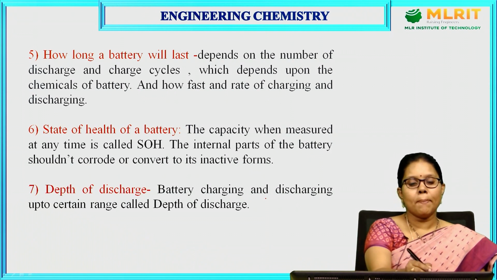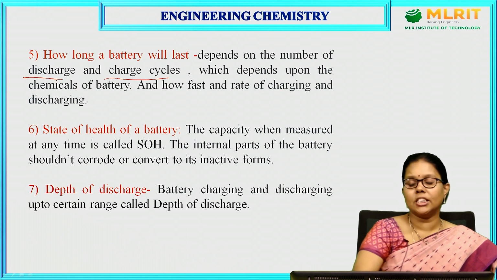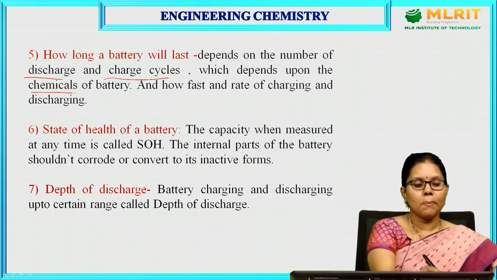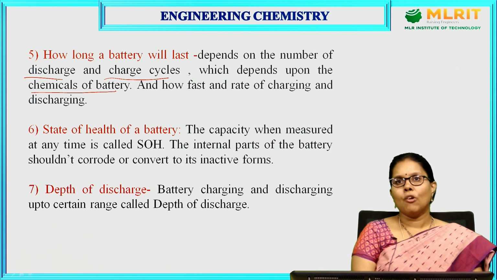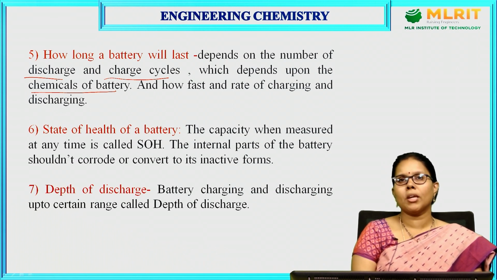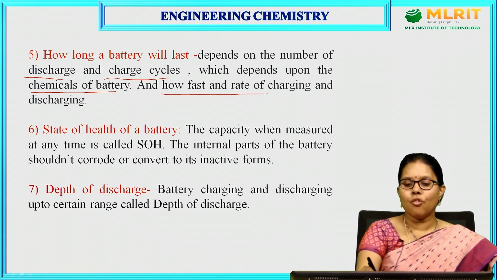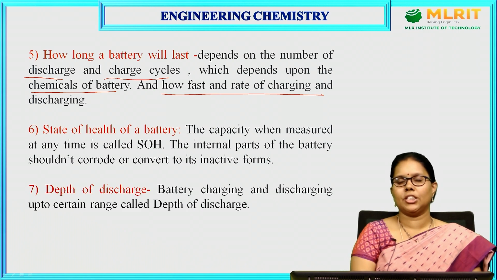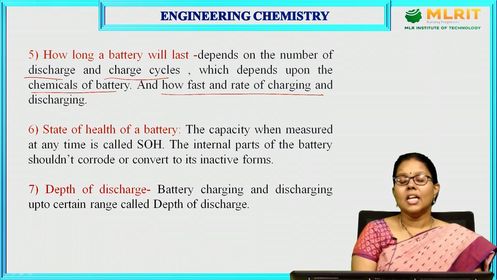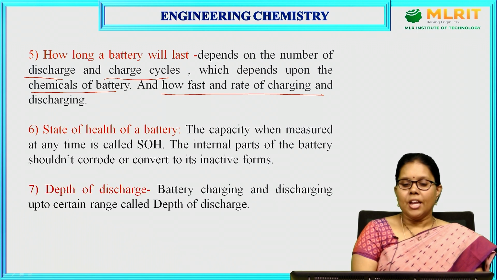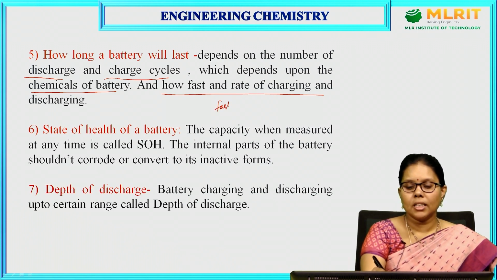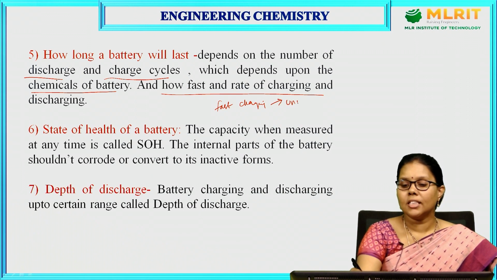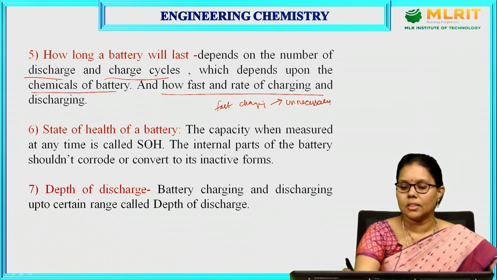But the number of cycles of discharging and charging depends upon the chemicals of the battery. Which chemicals have we chosen? What reactants have we taken in the battery? It also depends on how fast the rate of charging and discharging is. If the battery charges very fast, it leads to unnecessary chemical reactions.